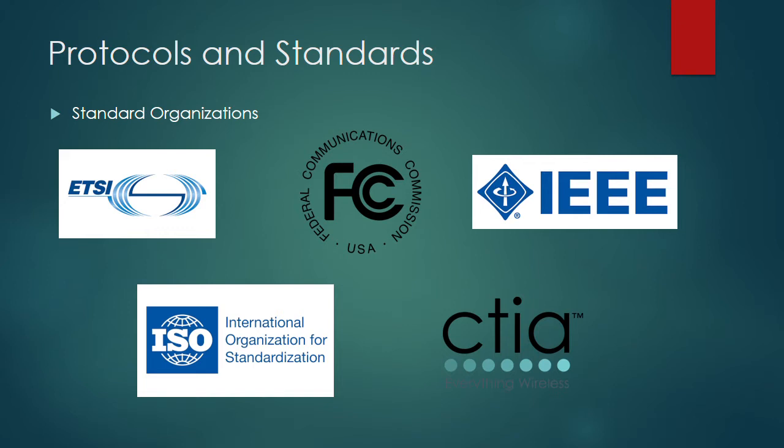ISO is also one of the main organizational bodies. And the Federal Communications Commission, FCC, is governed in the USA, and it is for radio frequency systems in the US. And CTIA, the Cellular Telecommunications and Internet Association, mainly focuses on wireless communication and mobile communication.